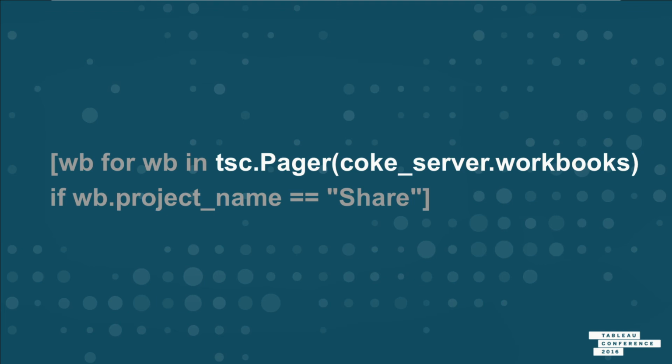However, it is kind of a pain to send a request, then figure out you need to send the request to page 2, then to page 3, etc. So this Tableau server client pager just does it for us and returns an array of all of the workbooks, even though it's handling the multiple requests required. Take all those workbooks, call them WB, and for each of those, we'll filter if wb.project name equals share.